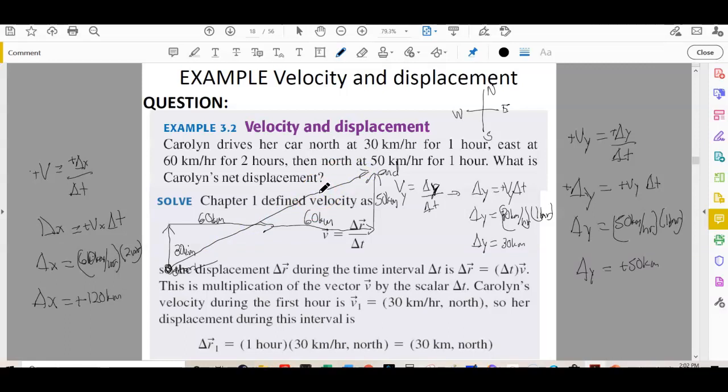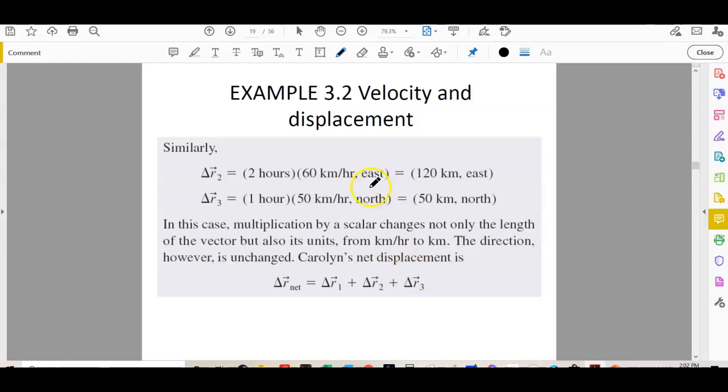Well, another thing that we could do, and I'm going to go on to the next page, we could just add 30 kilometers to 50 kilometers for the y direction, and add 60 kilometers to 60 kilometers in the x direction.